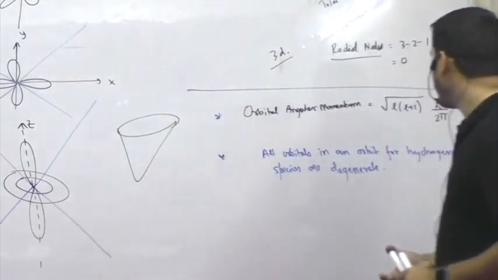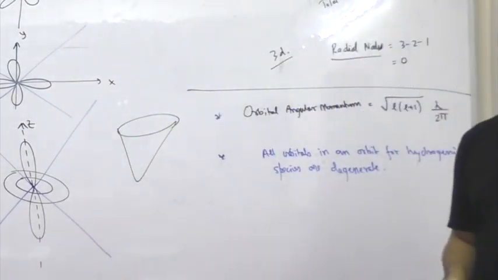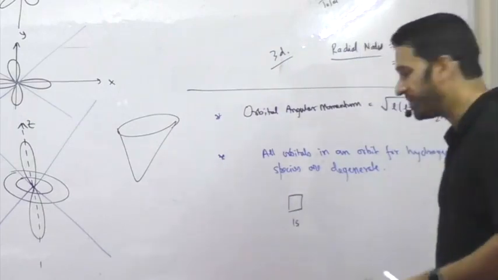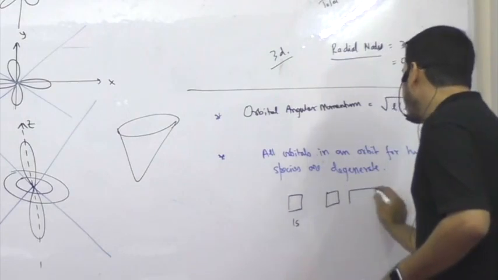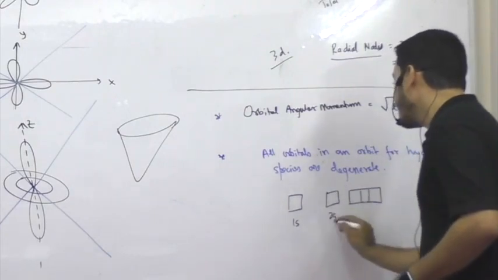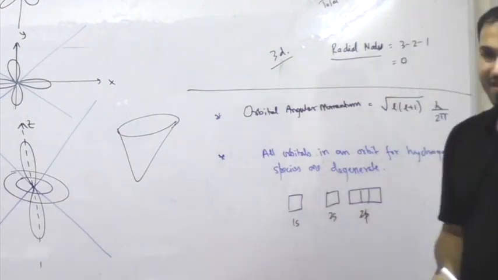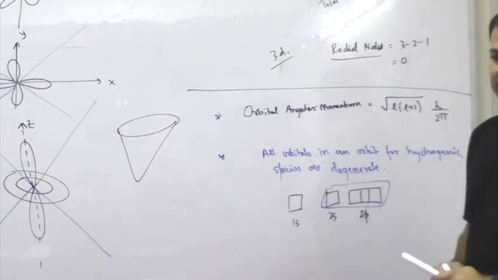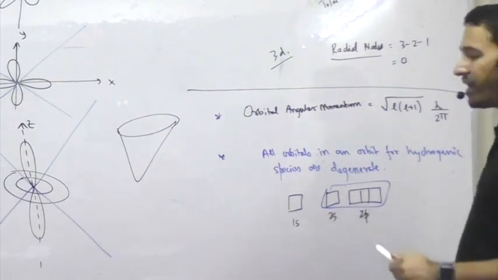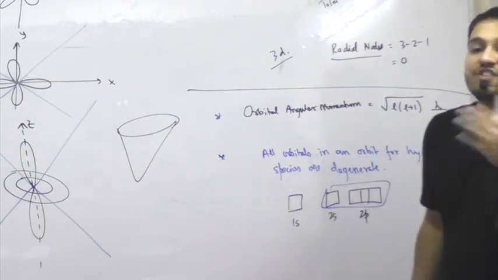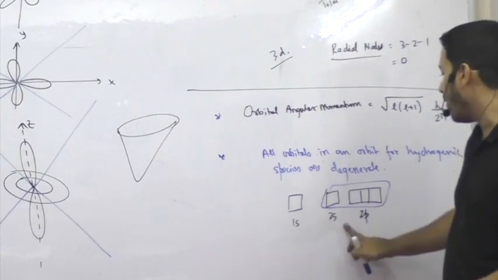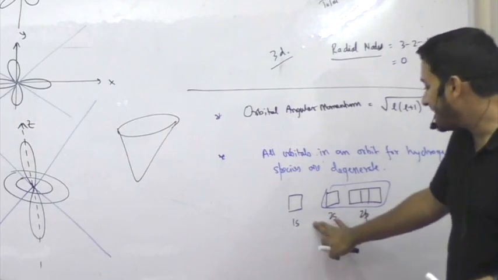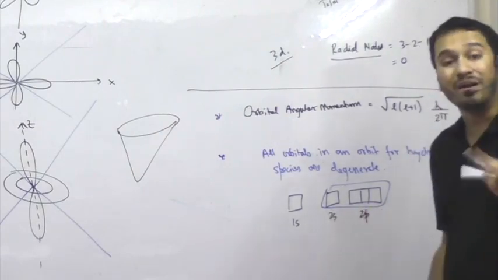That means 1s is alone, but next, what is there? 2s and then 2p. If I have hydrogen, then for hydrogen all these 4 have the same energy. So the degeneracy of hydrogen in second orbit is how much? 4. 2s is lesser in energy than 2p in multi-electron systems.